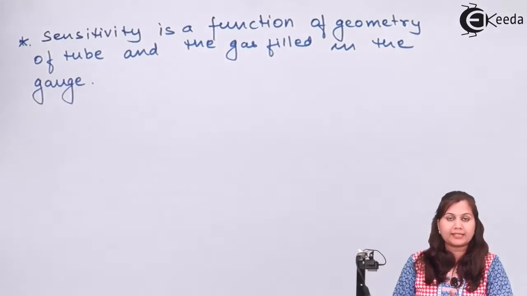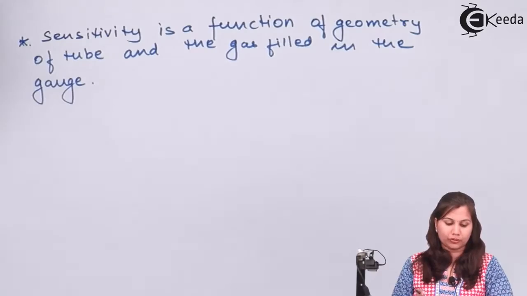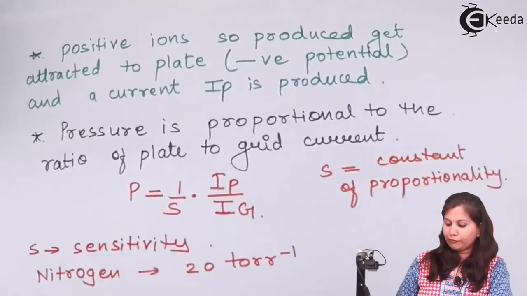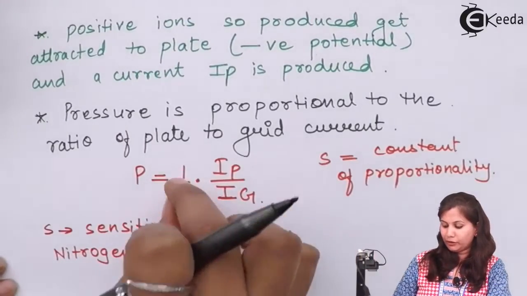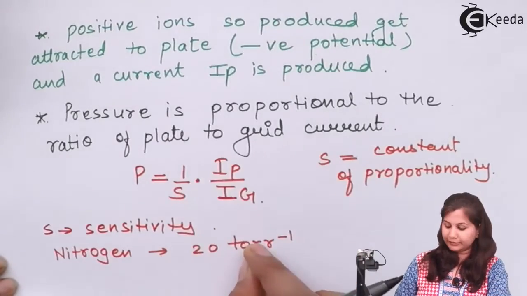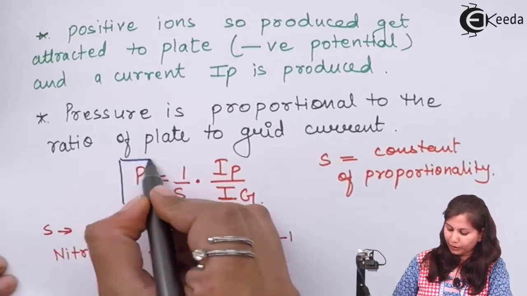So for different gases, it will have different values, and we can get the value of pressure of the gas by putting the value of sensitivity, plate current and grid current in this formula.